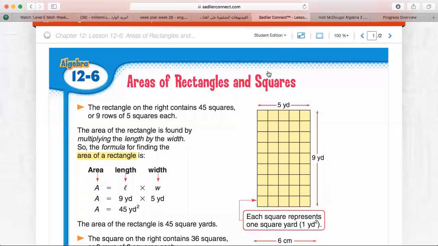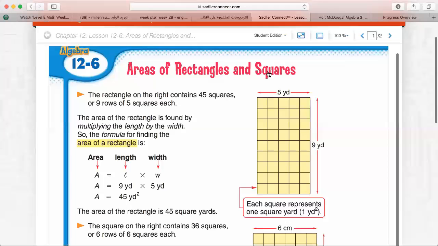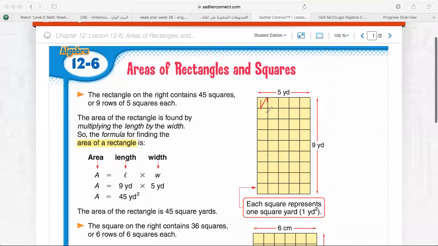Okay, let's know the meaning of area. Area is all that is covered inside any figure. All the tiles inside, everything that is covered inside any figure.